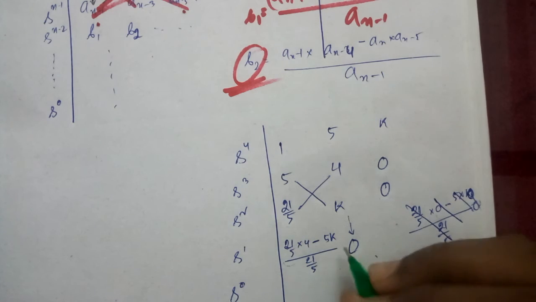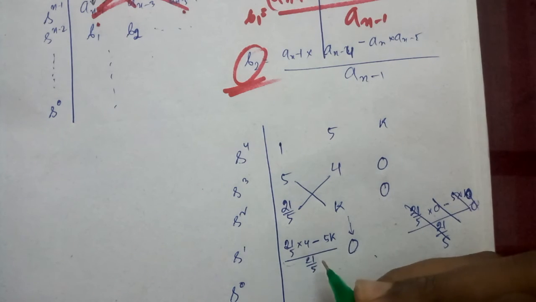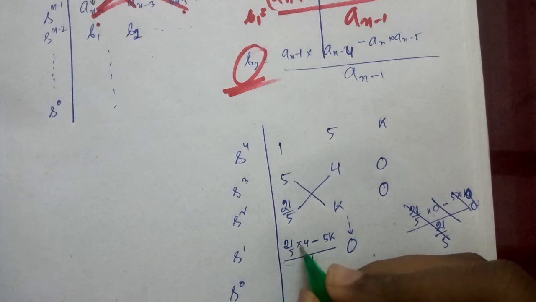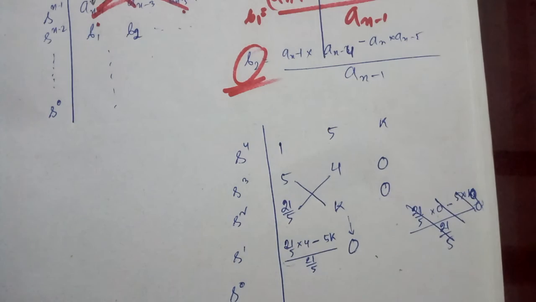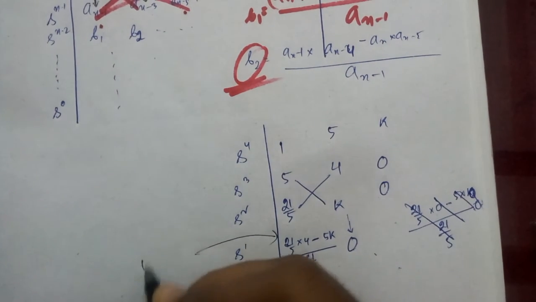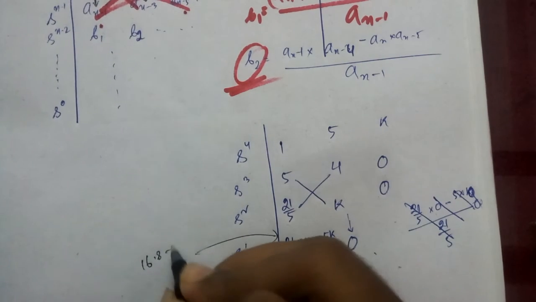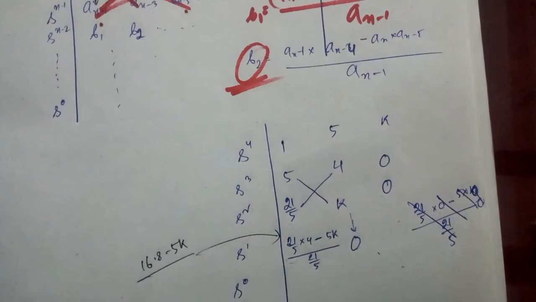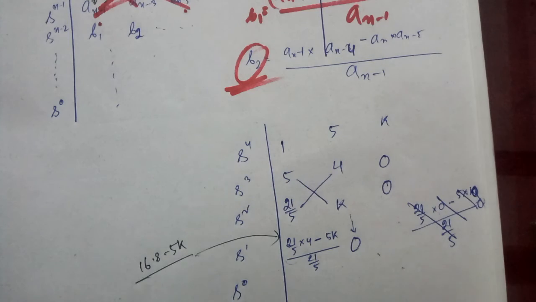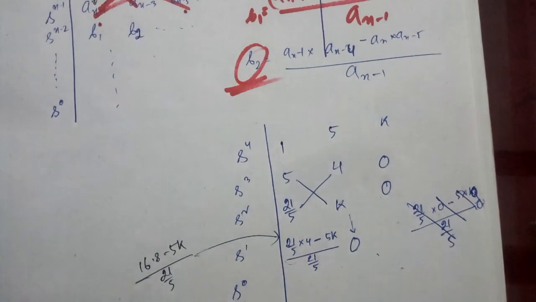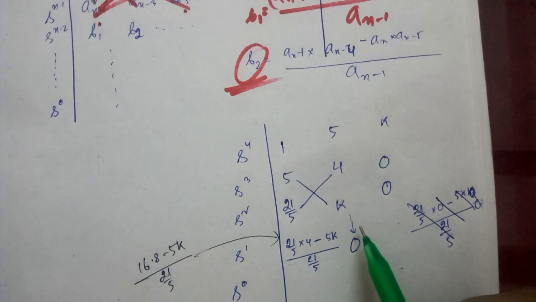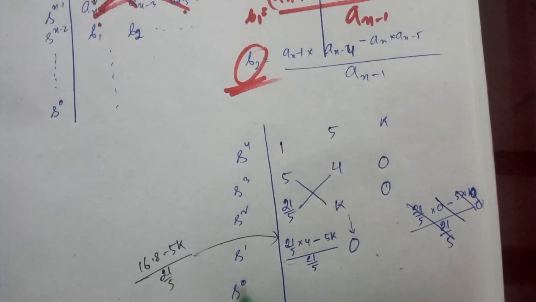So this term is actually coming 21 by 5 into 4, that is 16.8, so this term is 16.8 minus 5k by 21 by 5. That is only. Previously I told the shortcut for the s naught term.